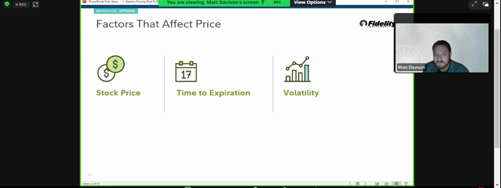And if you were given the choice between a month and 9 months, which one would you rather have? Most people would say, well, if I'm convinced something is going to occur, I'd definitely rather have more time. And for that obvious reason, the seller of the option is going to say, okay, I'll give you more time, but you've got to pay me more money because a lot more can happen.